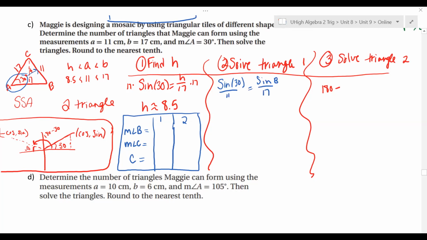So solving for that angle, I'm going to do my cross products. So 17 times the sine of 30 equals the sine of B times 11.